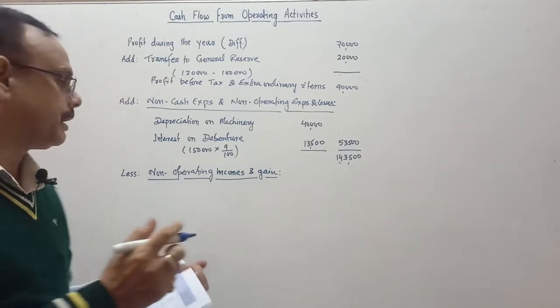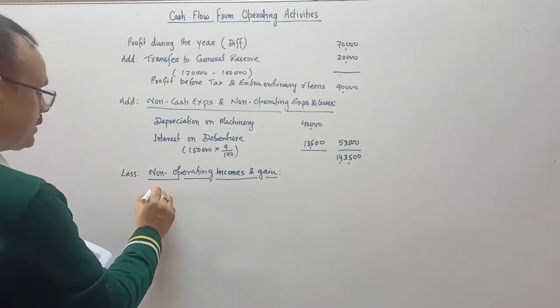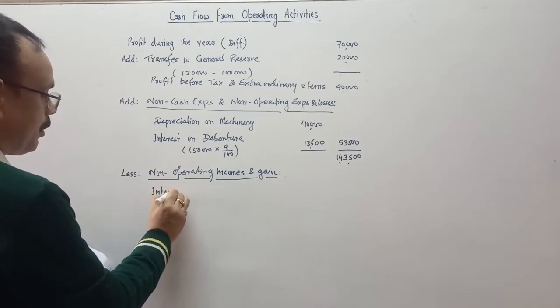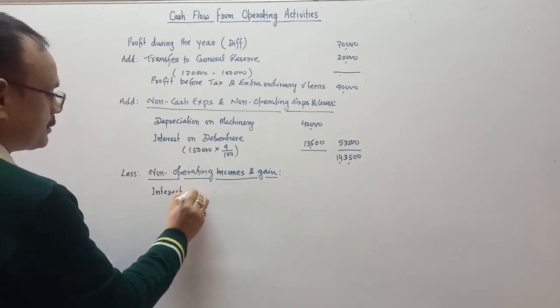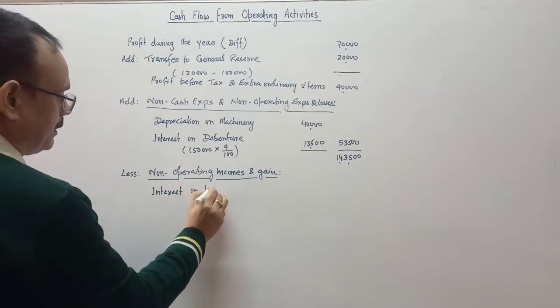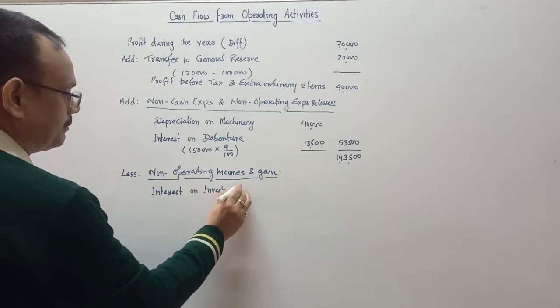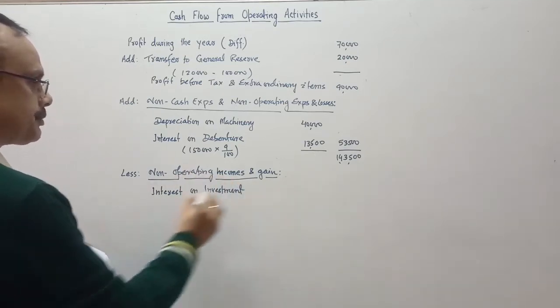So we will calculate the interest. This is the income. Interest on investment is a non-operating income.